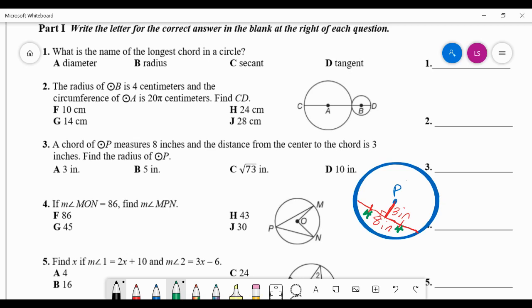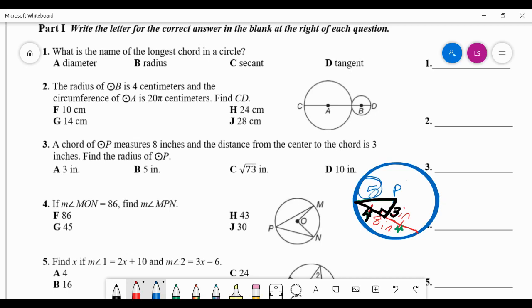All right, find the radius. So the radius I'm going to draw right here. And notice that I have created a right triangle. So I have 3, 4. It's a 3, 4 what right triangle? A 3, 4, 5.